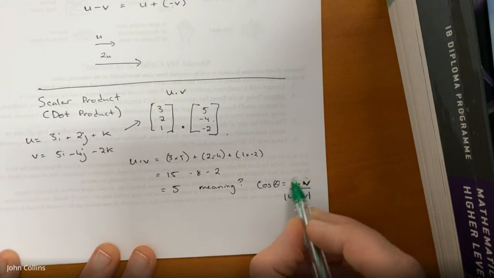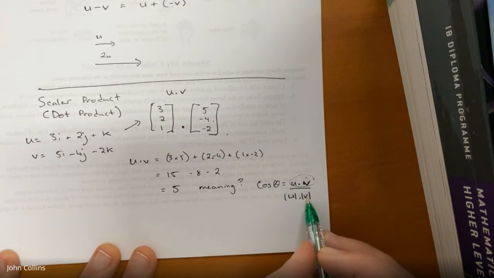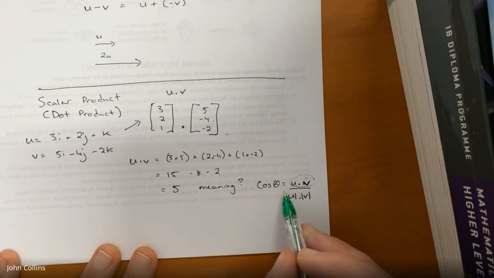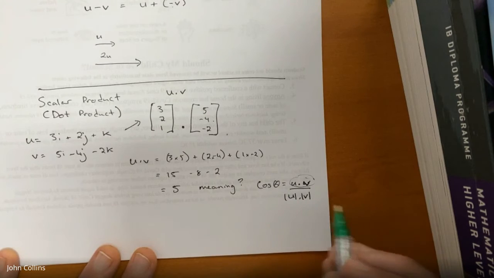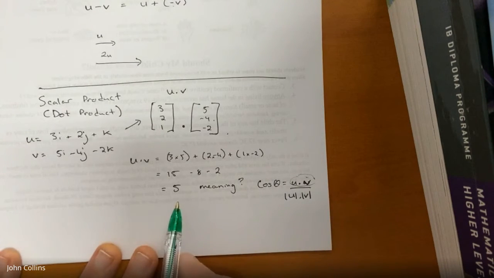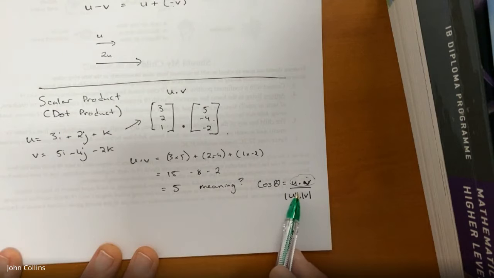If this number up here is positive, the magnitude is always going to be positive. If this number is positive, that means the cos of theta is positive, which means it's in the first quadrant or it's an acute angle. If this number is negative, that means it would be an obtuse angle, or more than 90 degrees, I suppose. And if it's 0, then what?